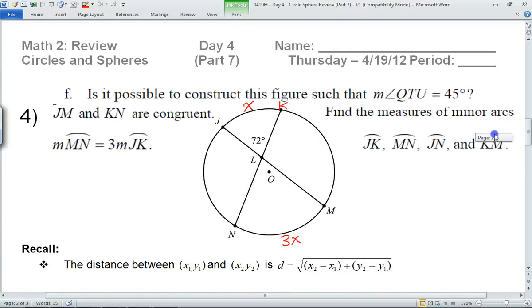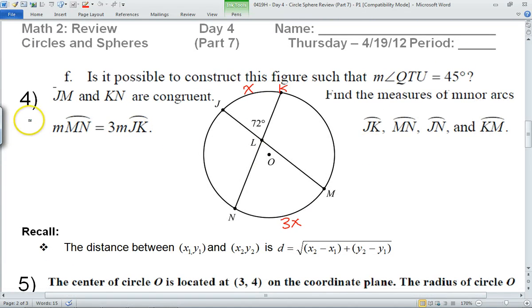Okay? Angle equals. So I'm going to start off with 72 equals arc plus arc. So that's x plus 3x divided by 2. Do you understand what I'm doing? So it's just a matter of solving this little equation. So what do I get when I do x plus 3x, you guys? 4x. Very good. x plus 3x is 4x over 2.